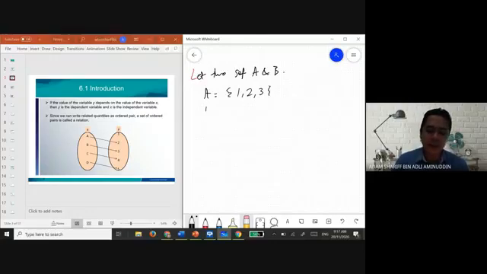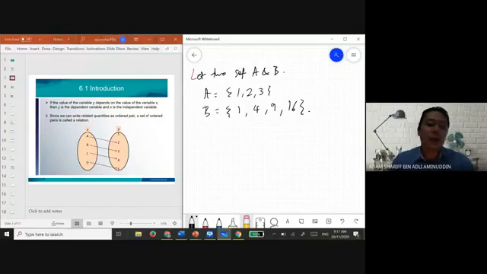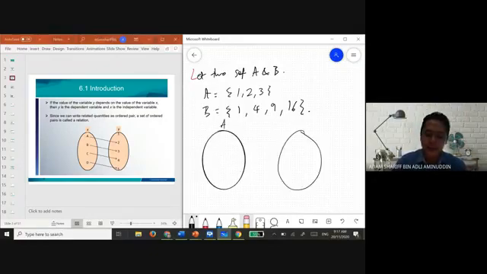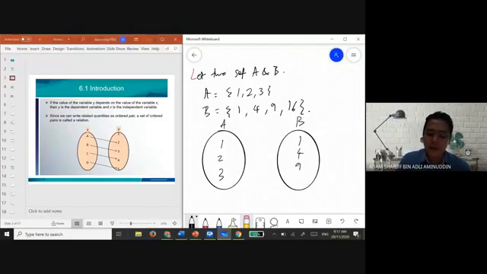This is random. For B, I put 1, 4, 9, 16. Suppose I want to have some sort of relationship between A and B. So this is set A, this is set B. A contains 1, 2, 3 and 1, 4, 9, 16 here.